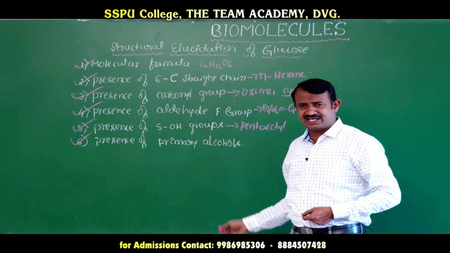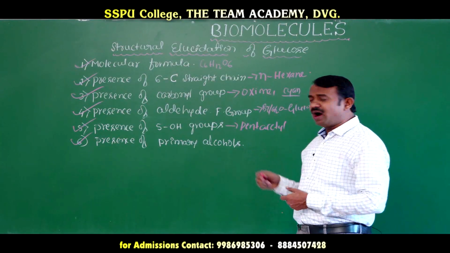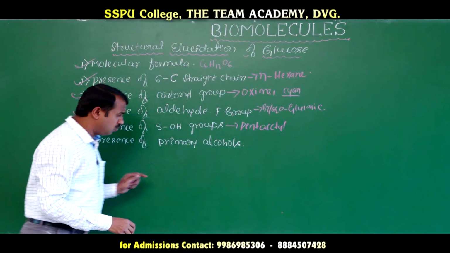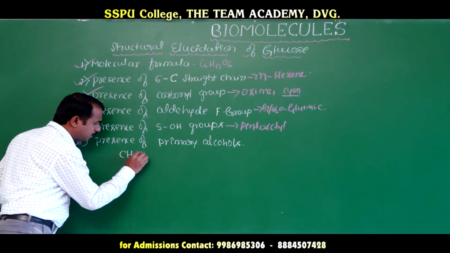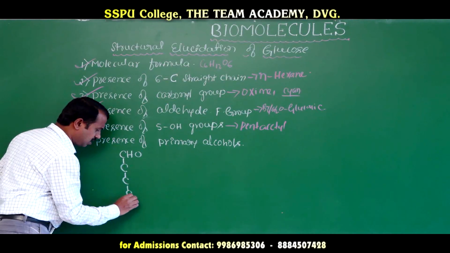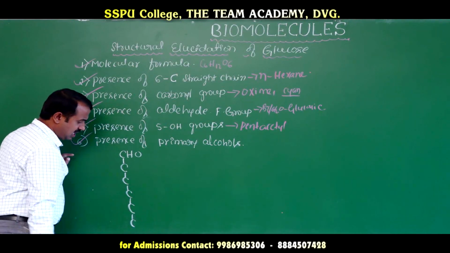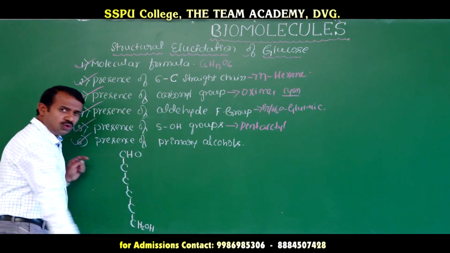On these 6 factors, the German scientist Fischer did the bond representation of glucose. The general structure of glucose has CHO, then the next carbons, and the last carbon is CH2OH.